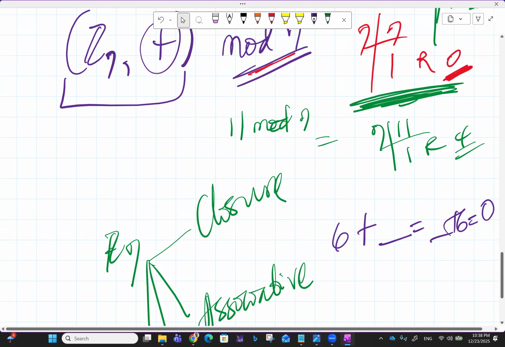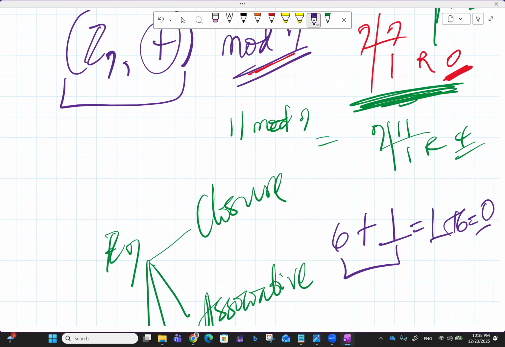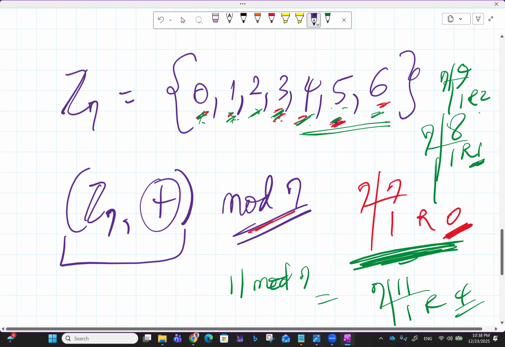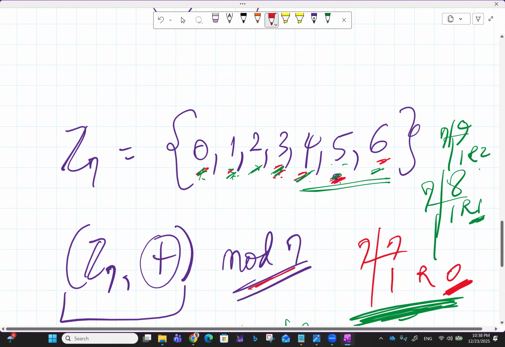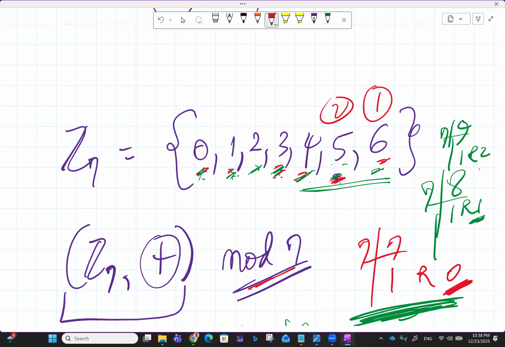In this case, that will be 1, because 6 plus 1 is 7. 7 divided by 7 is 1 remainder 0. So if you pick any number, for 5, the inverse is 2. So the inverse of 6, like we found, is 1. The inverse of 5 is 2, because if you add 5 to 2, or 2 to 5, it gives you 7. 7 divided by 7 is 1 remainder 0, and that 0 is what you pick.